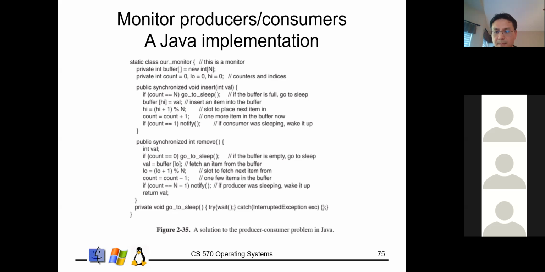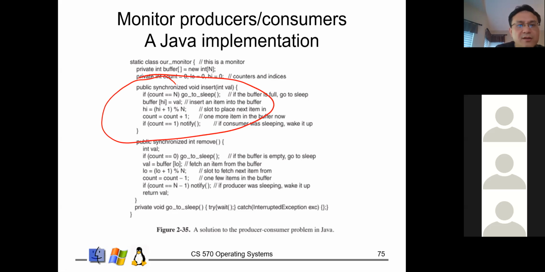So let's quickly go through this example here. We talk about the monitor. Every operation in the monitor is a critical section, right? So in Java, you use the synchronized directive.